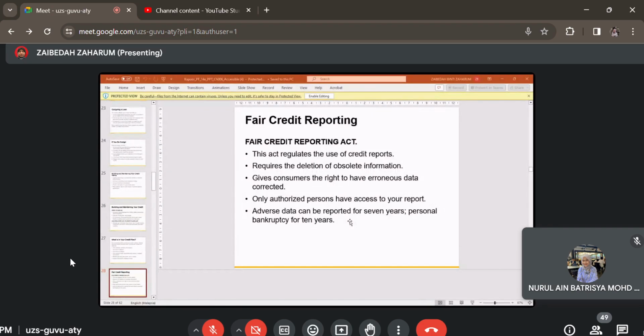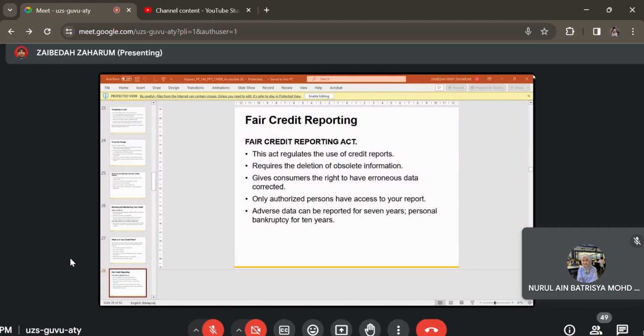Macam saya cakap tadi, contohnya macam BAFIA ataupun kita kata Banking and Financial Institution Act 1989. Okay, di sini undang-undang tadi mengawal dan mengawasi aktiviti institusi kewangan di Malaysia. Okay. Dan kita ada juga Consumer Protection Act 1999. Kat sini akta ni juga memberikan perlindungan lah kepada pengguna daripada pelbagai sektor.